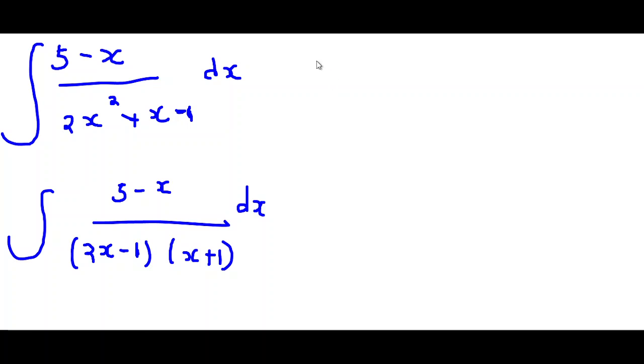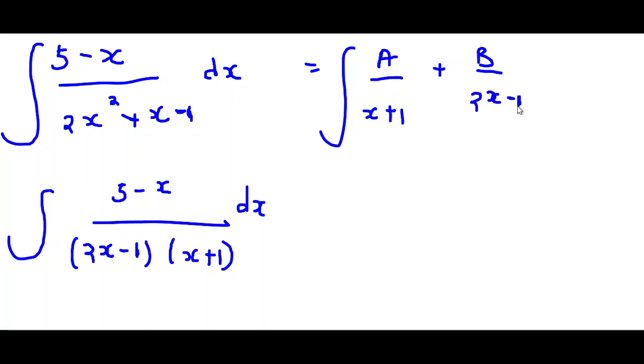So we rewrite it here again, which is going to be a over x plus 1 plus b over 2x minus 1. Remember the dx.